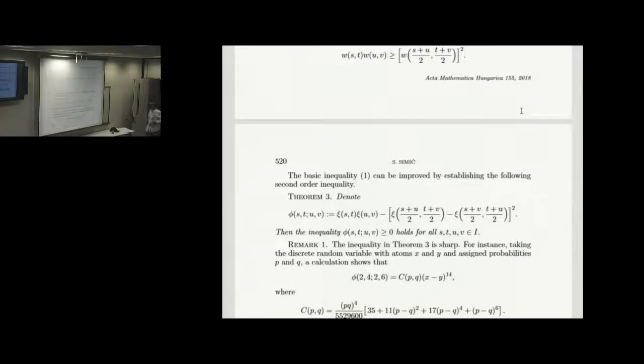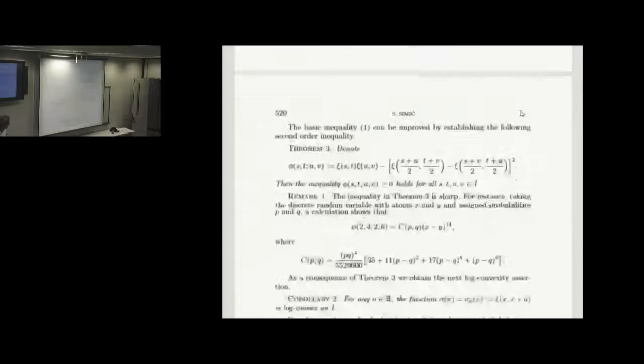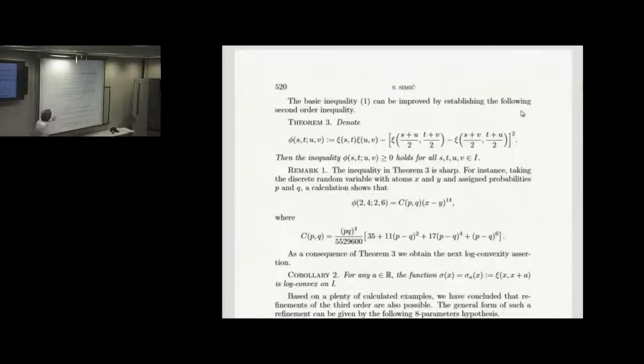In this simplest case, we put that s is equal to 2, 4, 2, 6, and calculate all of this, we obtain something like this. A constant, which depends on P and Q only, times x minus y to the 14th degree. And this constant, you see how small it is.